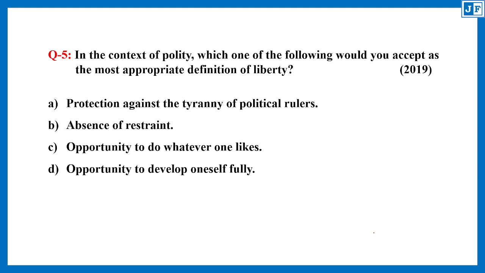The question was asked in 2019. In the first question also we saw the relationship between law and liberty. It was 1 year earlier. If we would have done the analysis there, then we would have been in a position to tackle this question in a decent way. So the correct answer is D.